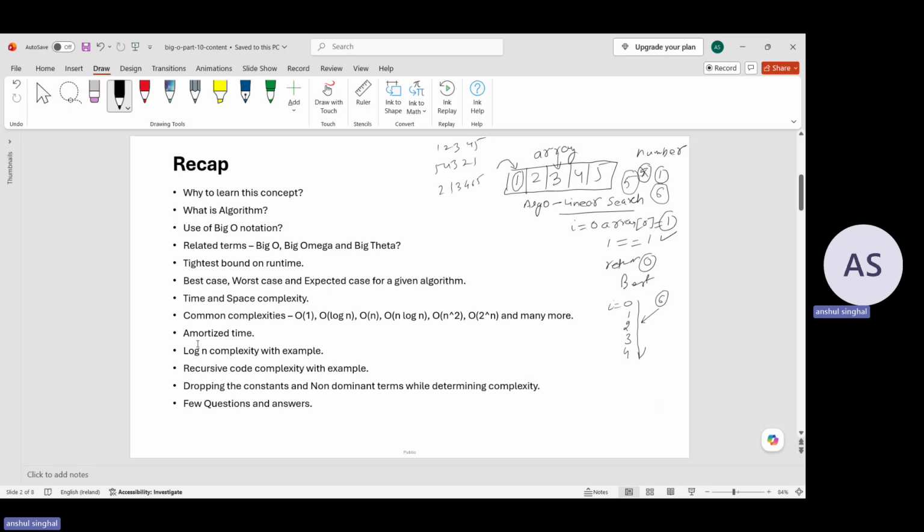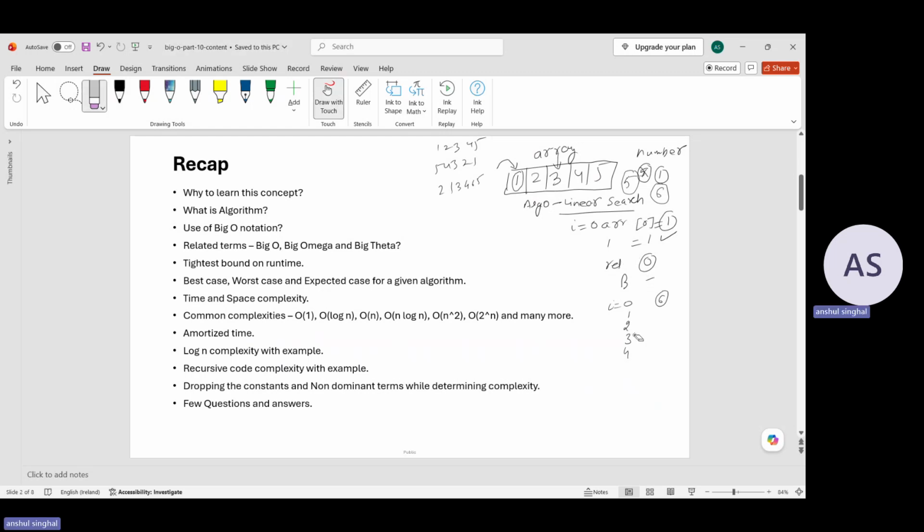Then we looked at some other examples of amortized time, right? Which is the average time over a long period of time. And the example we talked about is the dynamic resizable array, which is an array list.